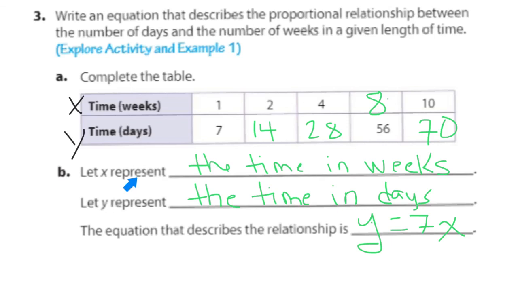So the x represents the time in weeks. Y is always the bottom in a table like this. Let y represent the time in days. Write an equation that describes your relationship, y equals 7x, because the constant of proportionality is 7. That's your k. So y equals 7x.